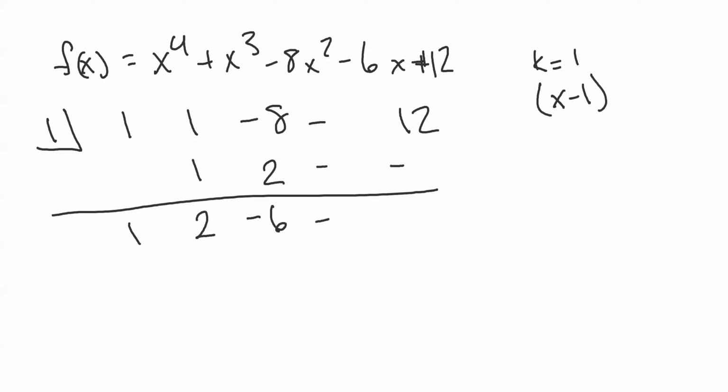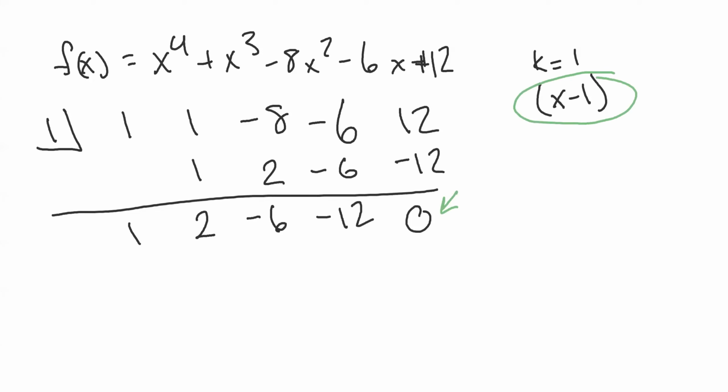See how that changes things. All right. Yes. 1 times negative 6 is negative 6, which gives us negative 12 here. We have a negative 12 and we get a 0. Having a 0 in this position means that this is a factor. So we can factor that out.